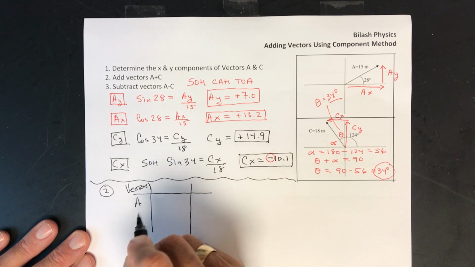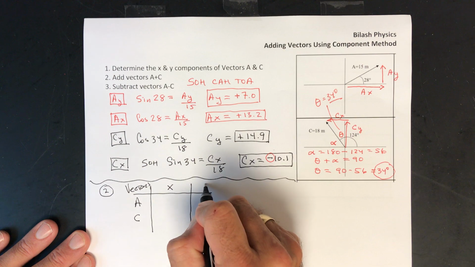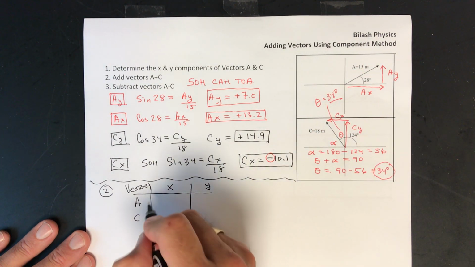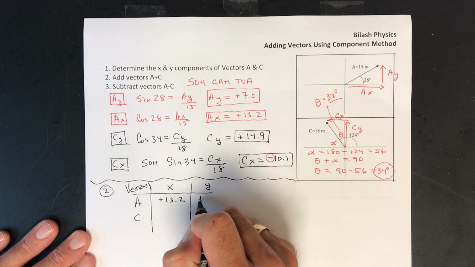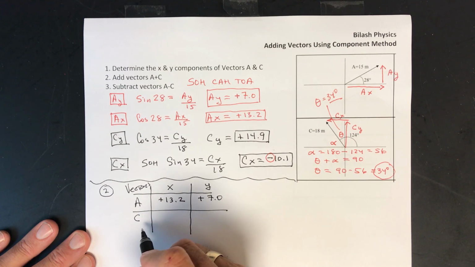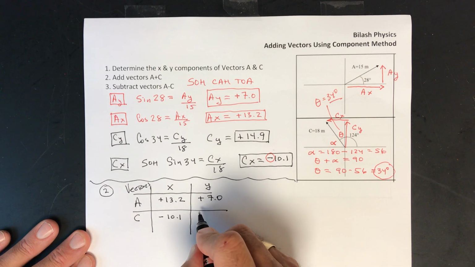So we have vector A and vector C, and this would be the x component and the y component. I'm going to take these numbers and just transfer them over. So we have positive 13.2 and positive 7.0, and we have negative 10.1 and positive 14.9.